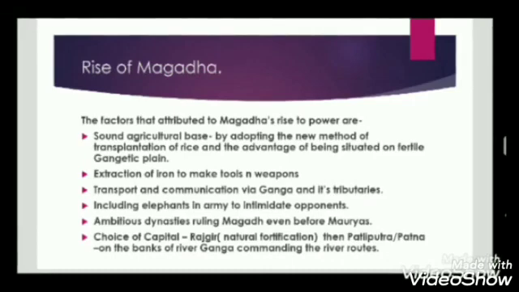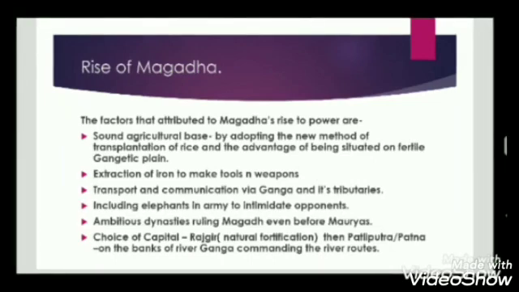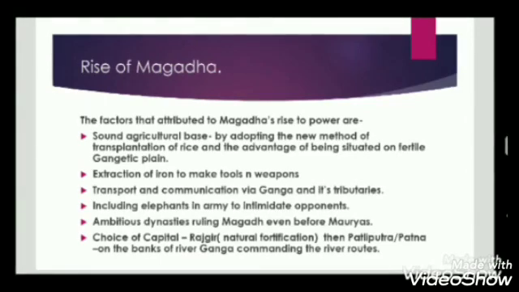And finally, you have choice of capitals. So initially you had Rajgir or Rajgriha as the capital of Magad, which already had a natural fortification in the form of hills that surrounded that place. Later on, this capital was shifted from Rajgir to Pataliputra. Now, Pataliputra was, as you all know, present day Patna, lies on the confluence of river Ganga and Son.